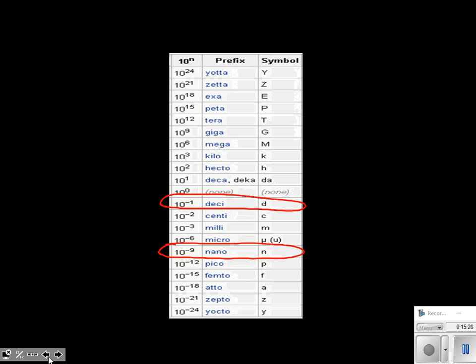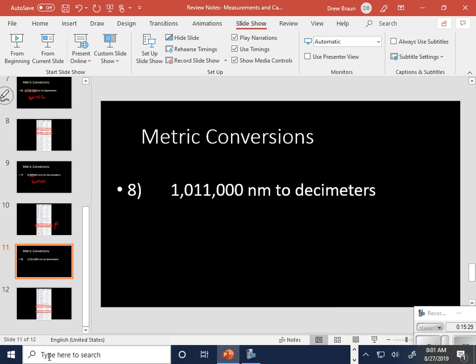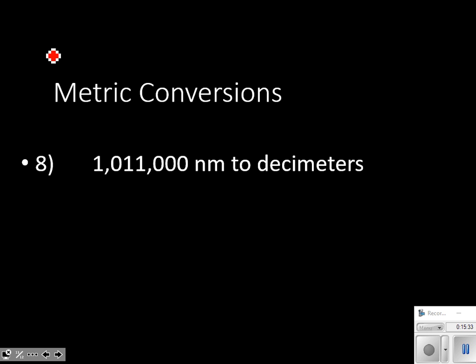To the left, right? So 8 jumps to the left. 1, 2, 3, 4, 5, 6, 7, 8. So my conversion number is 0.01011 decimeters.